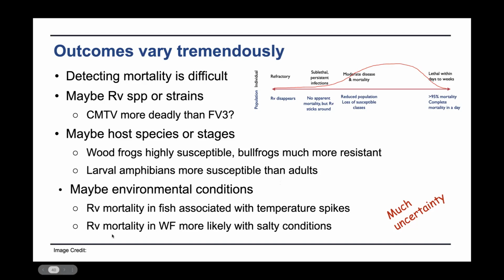And then there's a wide variety of possible environmental conditions associated with ranavirus-associated mortality in amphibians, but one example is that wood frogs raised in salty conditions seem to be more likely to experience die-offs. So there are few clear answers about why we get such different outcomes, but no shortage of possible explanations.